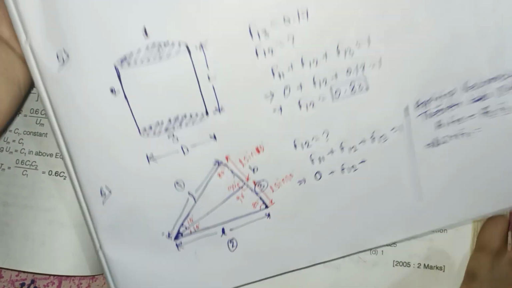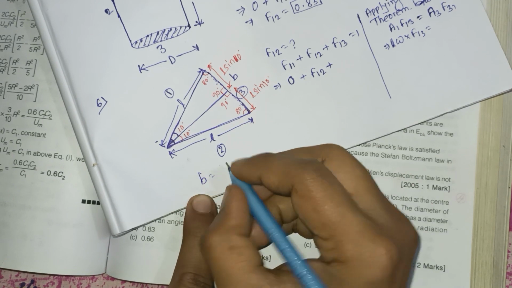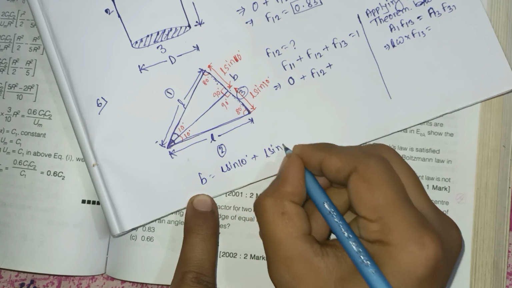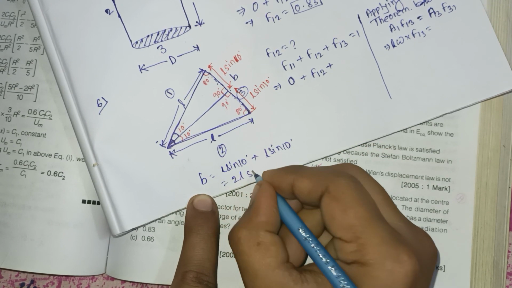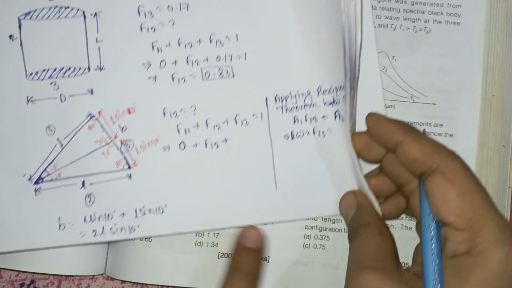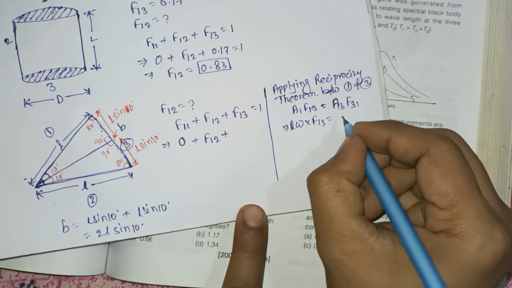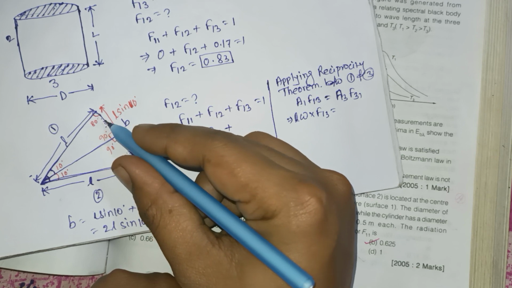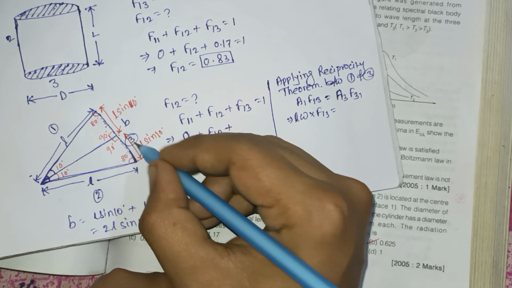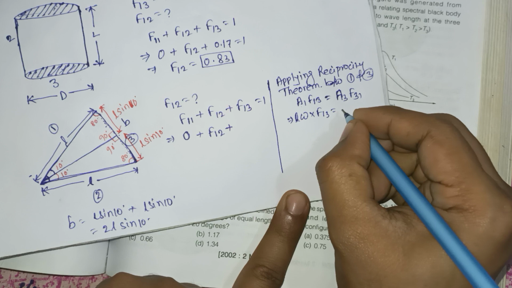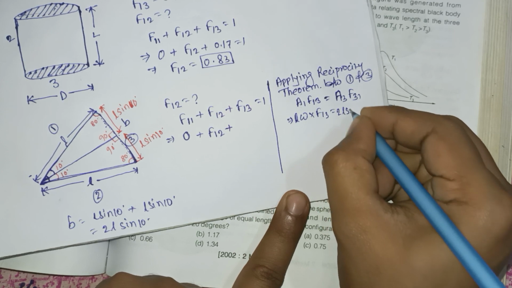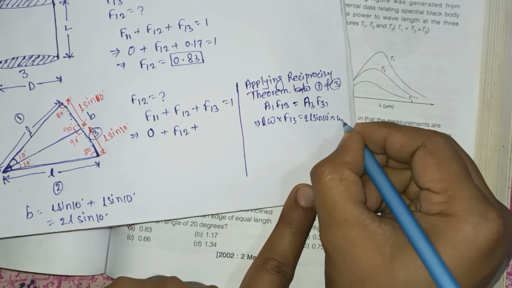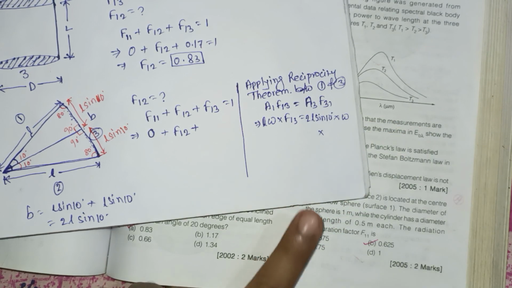So total B is equal to L sin 10 degrees plus L sin 10 degrees, that is equal to 2L sin 10 degrees. So what is the value of A3? A3 means B into W, where W is the width of this plate. So 2L sin 10 degrees into W into F31.